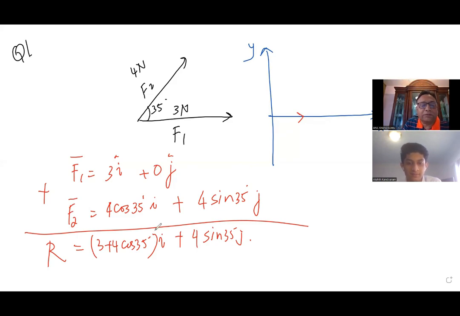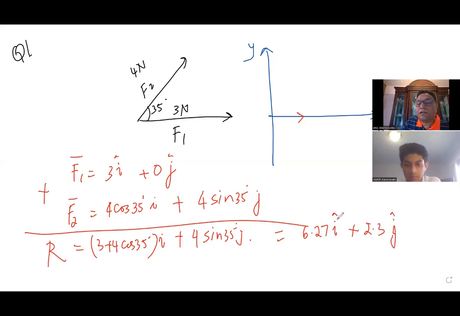So let us now calculate. Please calculate 3 plus 4 cos 35 degrees. So 3 plus 4 cos 35 is 6.27. And what is 4 sine 35 degrees? 2.3.